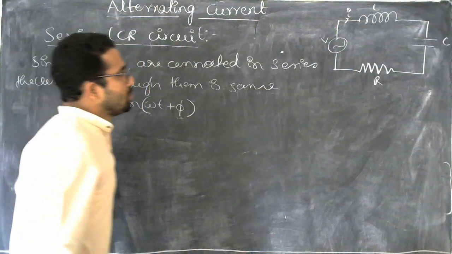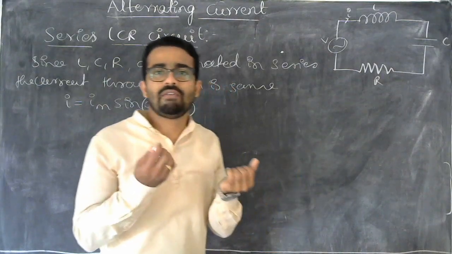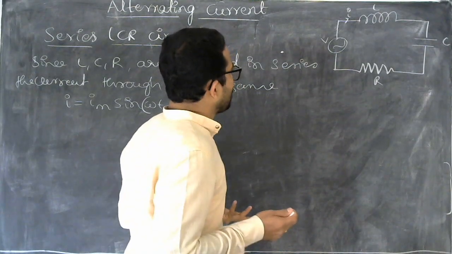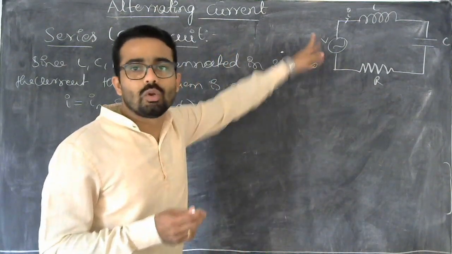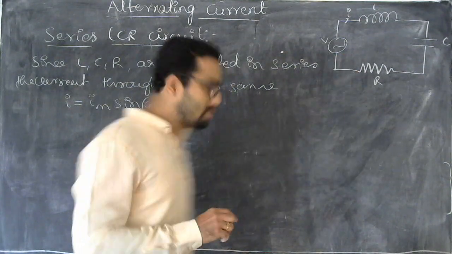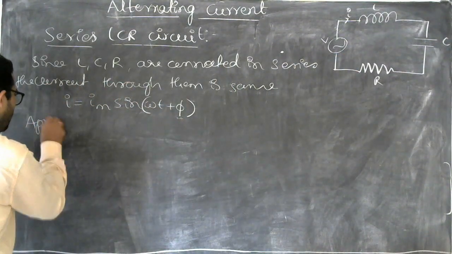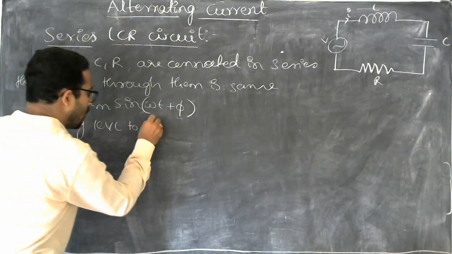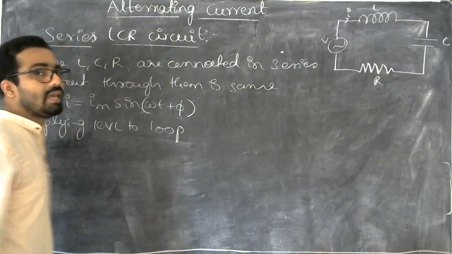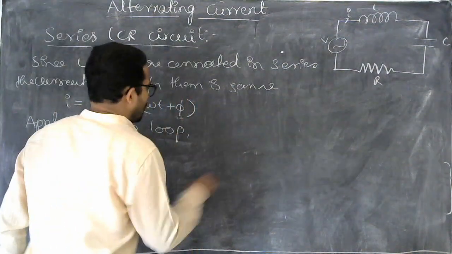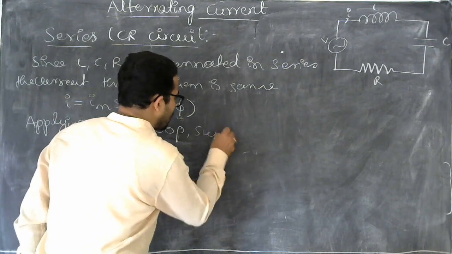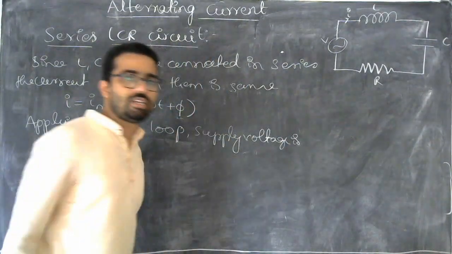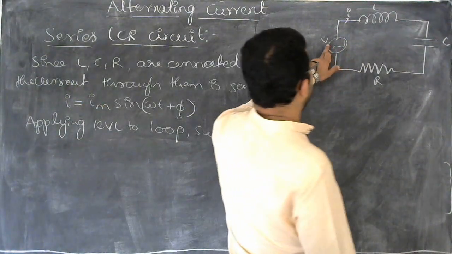Now let us follow the procedure that we followed in the previous cases. Initially we were applying KVL to the loop. In a similar way, we can apply KVL to this loop. Applying KVL to the loop, what can you write for the supply voltage?